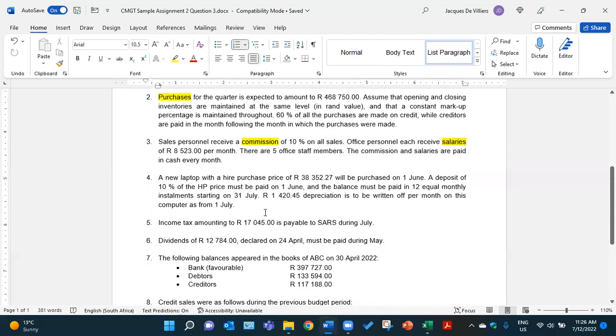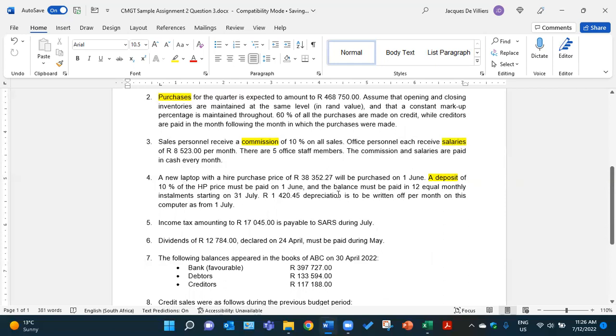A new laptop with a hire purchase price of 38,000 something will be purchased on the 1st of June. A deposit. Okay, so we're going to have a deposit on the laptop. That's the next item. It must be paid on the 1st of June, 10%.